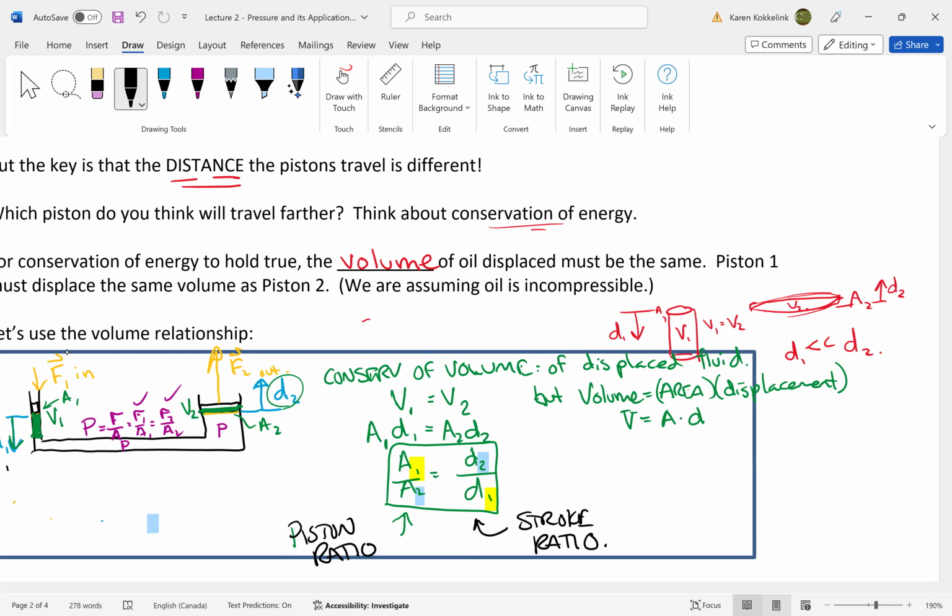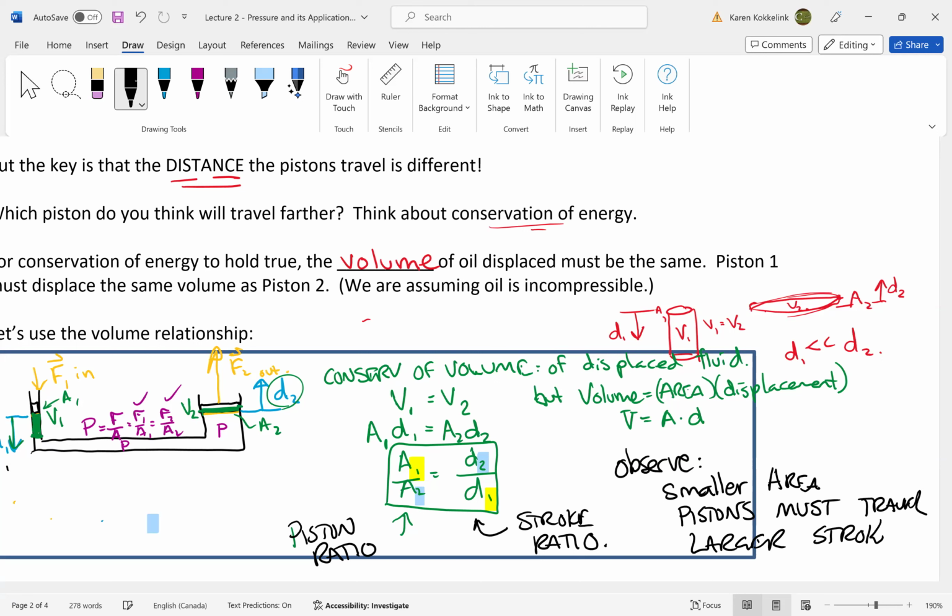So what we observe here is that smaller cross-sectional area pistons must travel a larger stroke. That's what we've shown here.